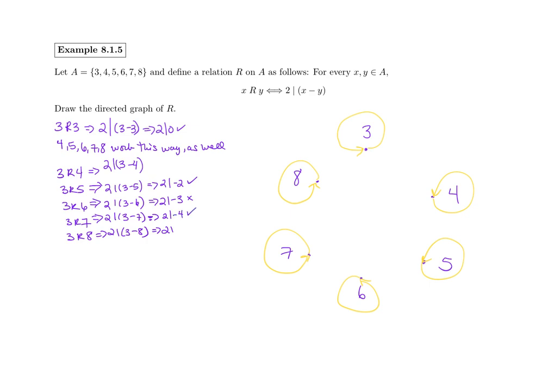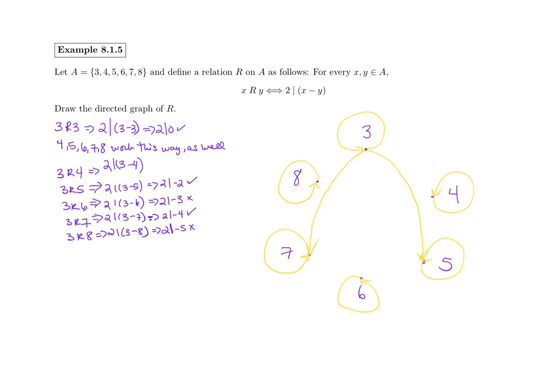That would work. And 3 minus 8 is negative 5. Not a multiple of 2. So if you'll notice, 3 is related to 5 by R, and 3 is related to 7 by R. So let's add those arrows. 3 to 5, 3 to 7.